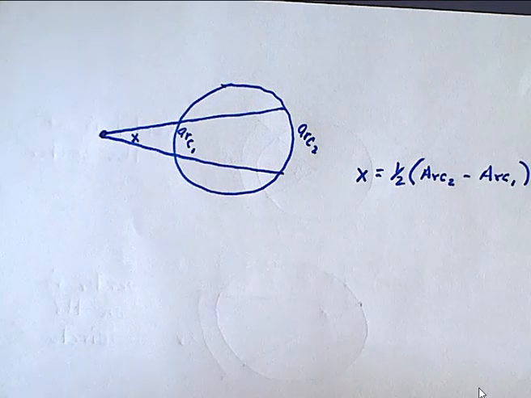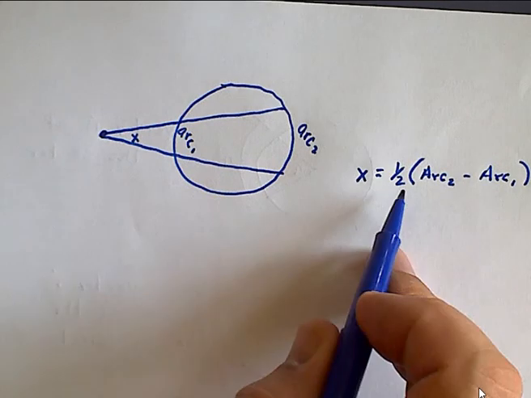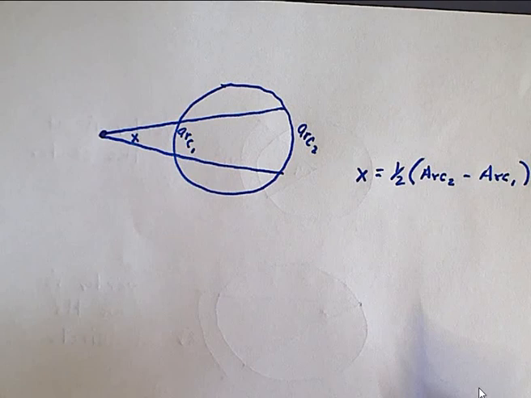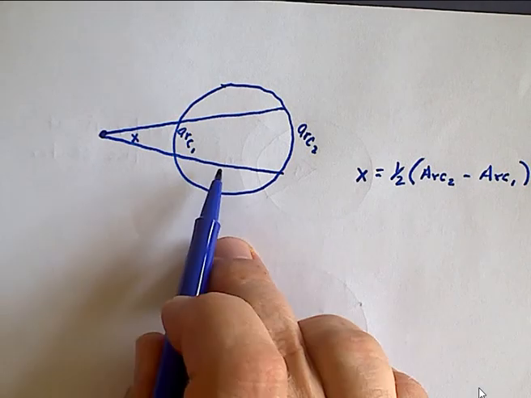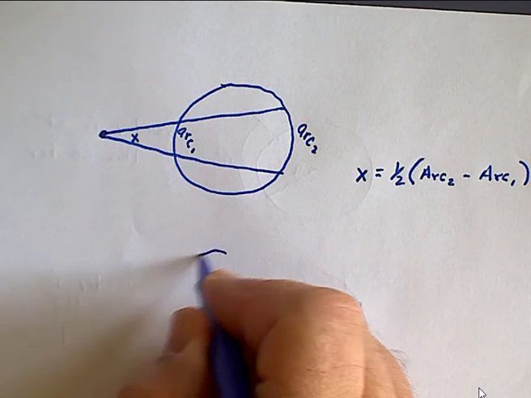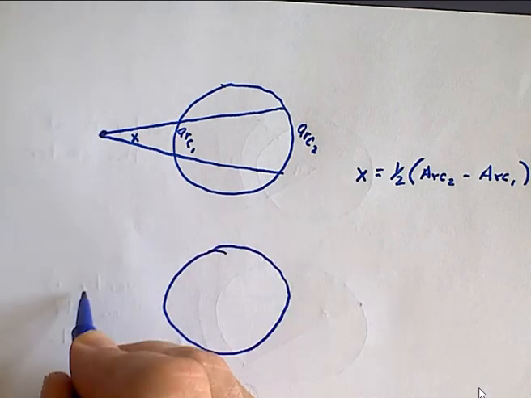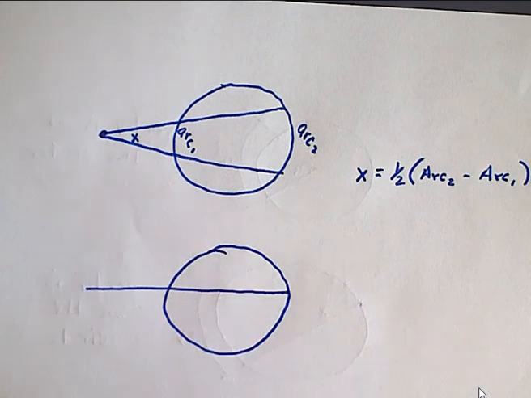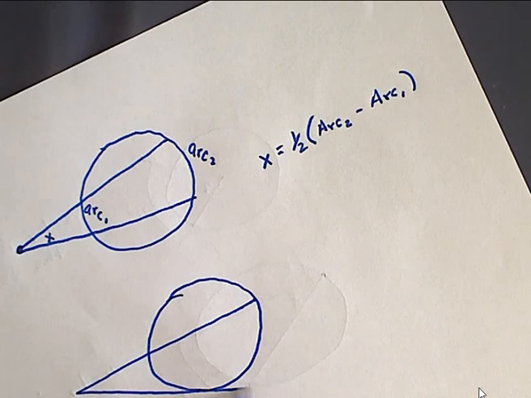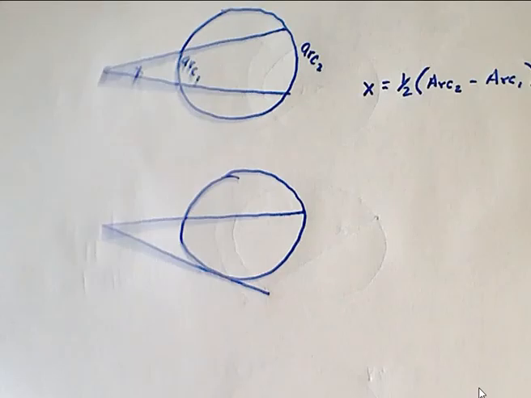So inside the circle, you add them and divide by 2. When the vertex is outside the circle, you subtract them and divide by 2. Now, again, this is when they were formed by two secants. The other option would be if you were to form that outside angle by using a secant and a tangent. Again, the same situation still holds true.